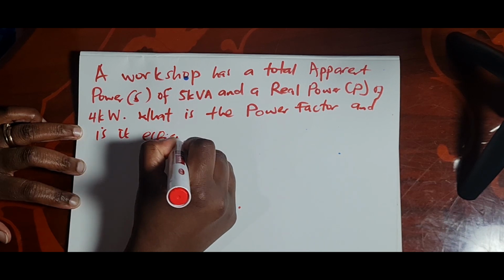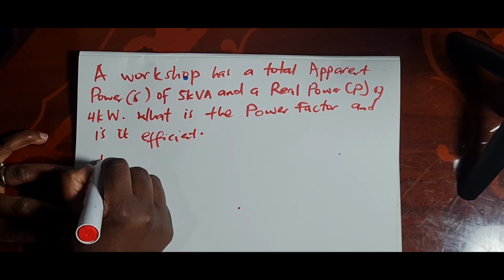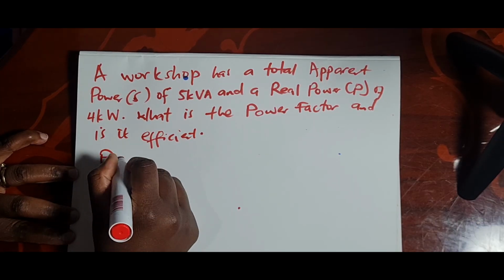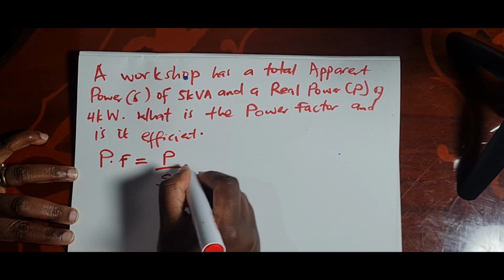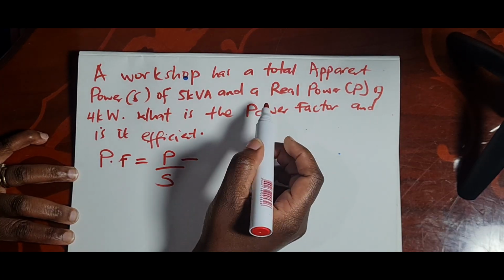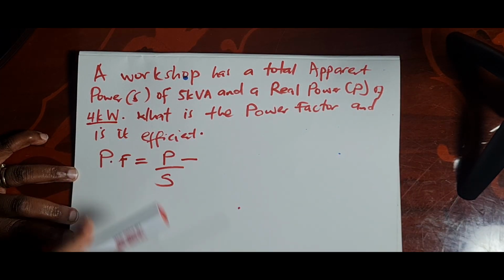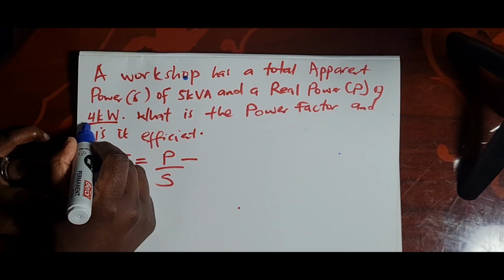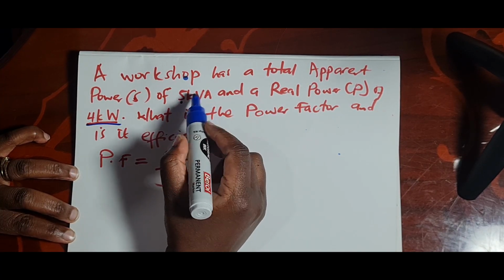For the calculation, we already know from our previous notes that power factor is P over S. In this case, we have real power P as 4 and apparent power as 5.